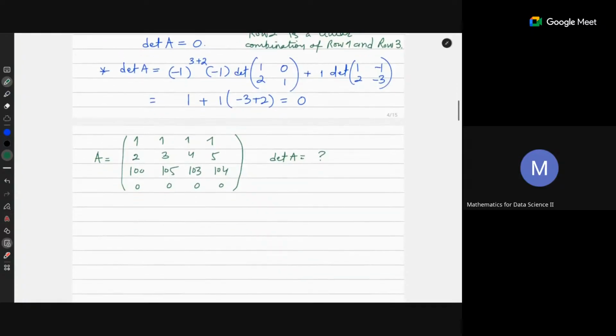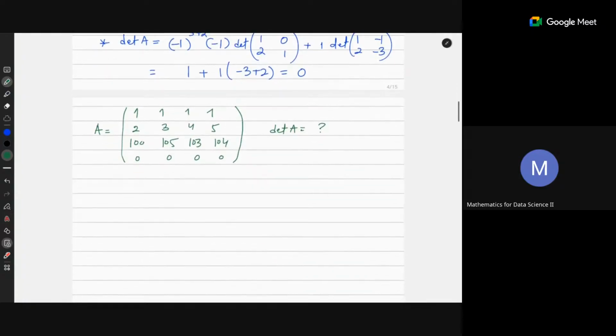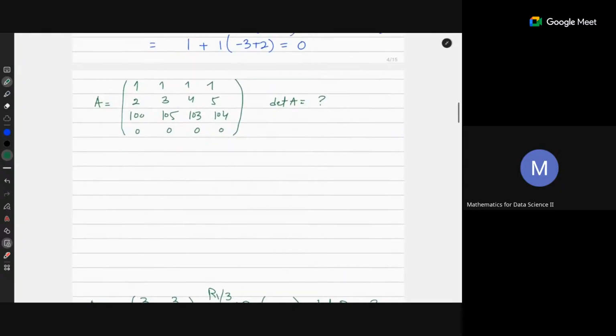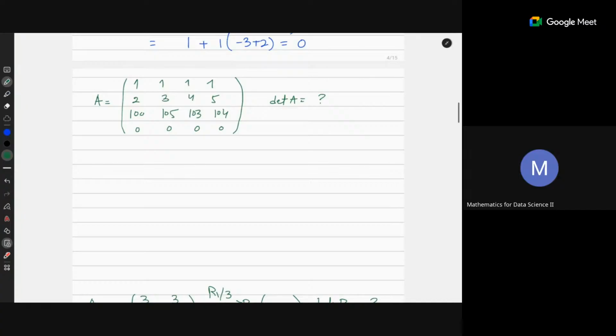Okay. Now, this is another computational easiness. Whenever you have a row to be 0, as I've already told, in that case determinant is always going to be 0.